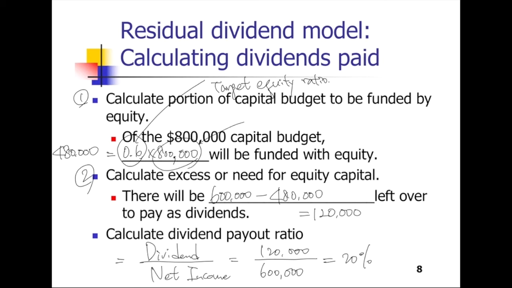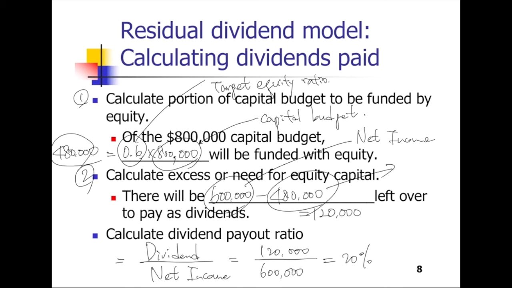And this is the capital budget. And this money comes from net income. And this amount is here, right? The required capital, or required equity. And then finally you get this dividend, right?